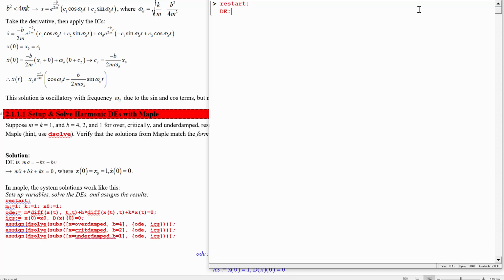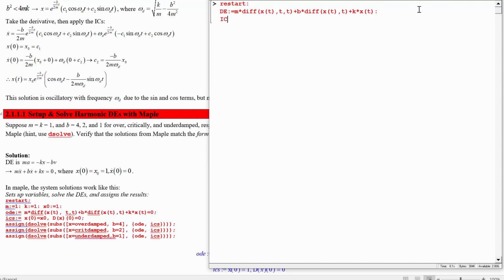So the dE would be equal to m times the second derivative of x with respect to time plus b times derivative of x at t with respect to time plus k times x at t. And the differential equation is that this is equal to 0. But like with any solve command with Maple, you don't actually have to say equal 0. You can just put in one side of an equation, and it's going to assume that you mean that that's equal to 0.